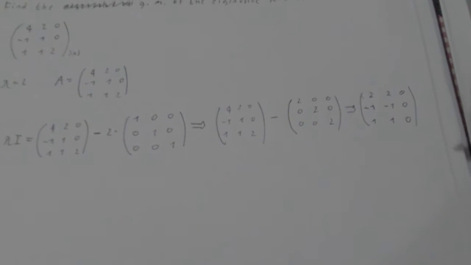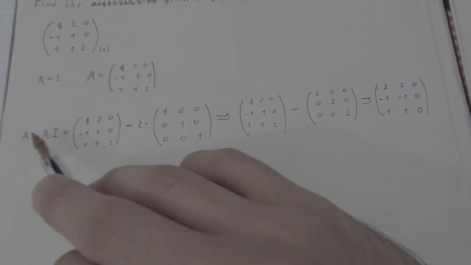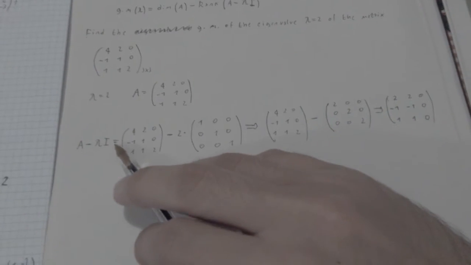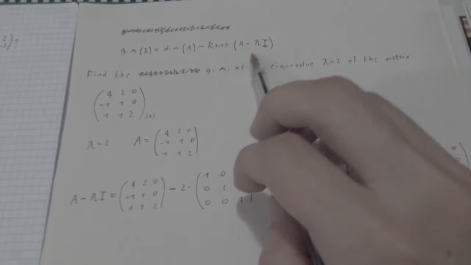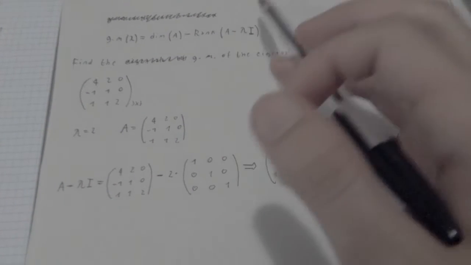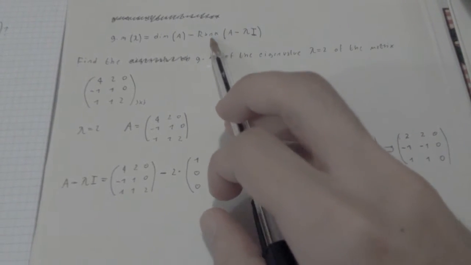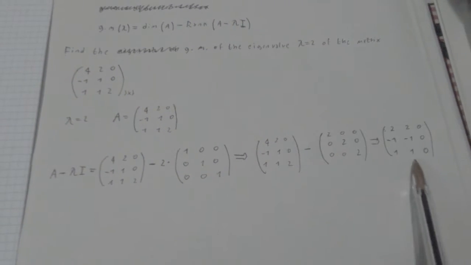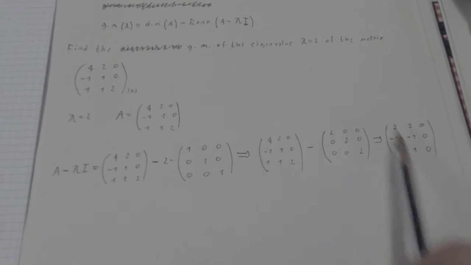This is our new matrix, which is A minus lambda I. So we're getting closer. We can now find the rank of our newly created matrix.